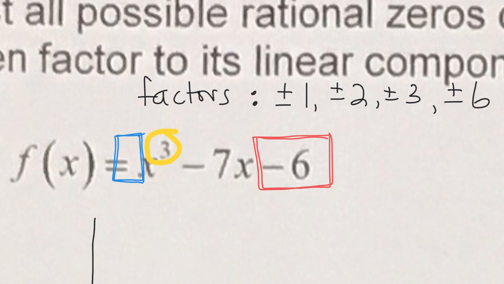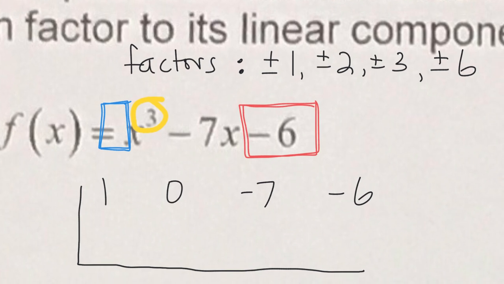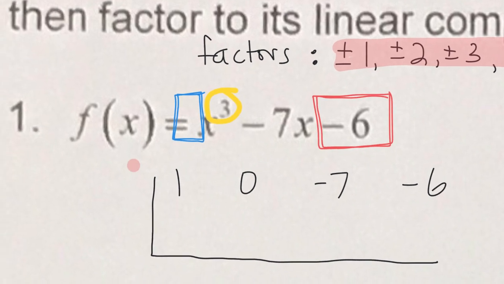So what we're doing next is employing synthetic division with each of these. These are your potentials, your possible answers. These are the numbers that go out here in your synthetic division.